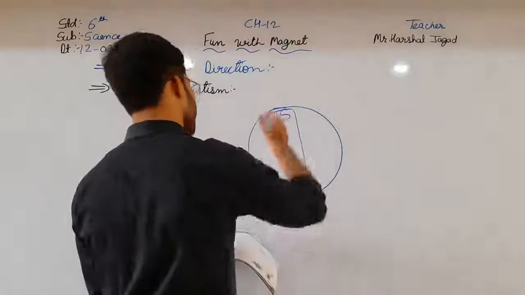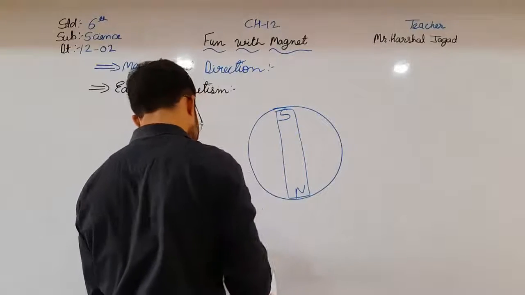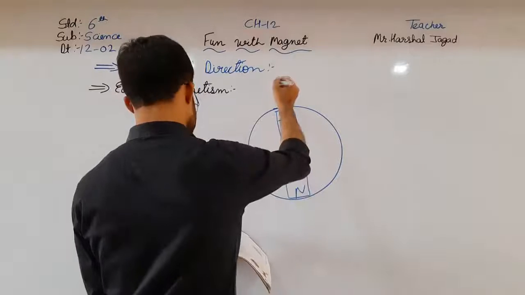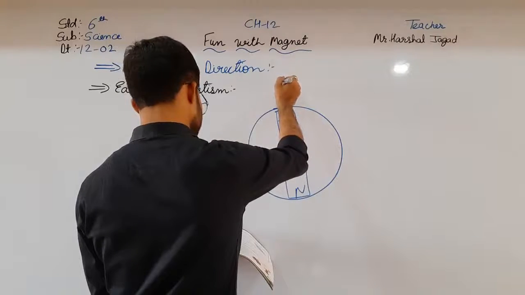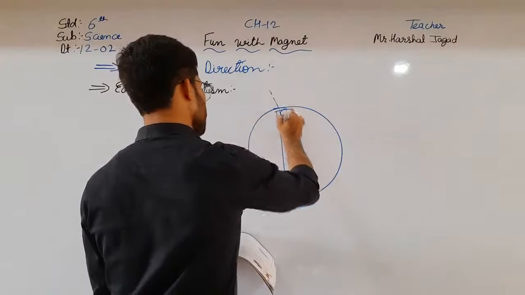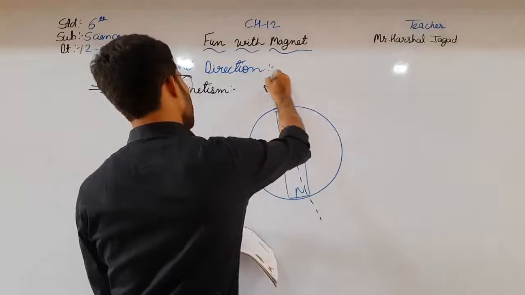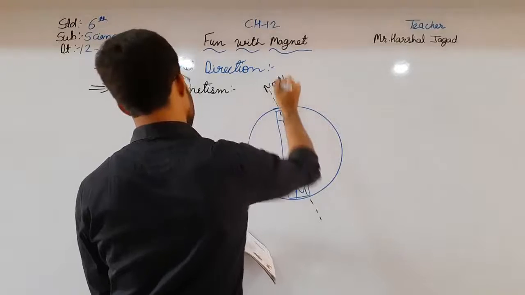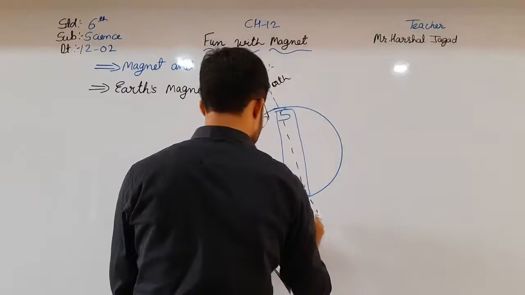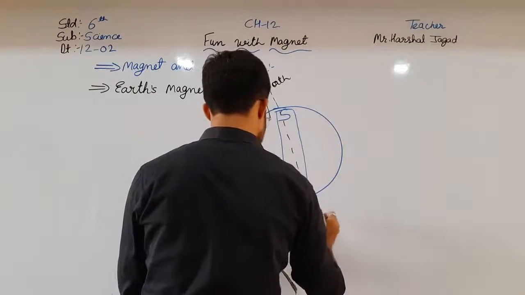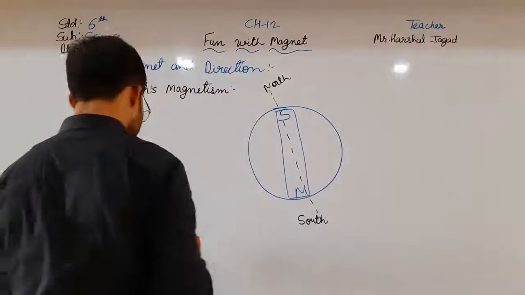Here it is a north pole, here it is an axis, here it is a north pole and here it is a south pole.